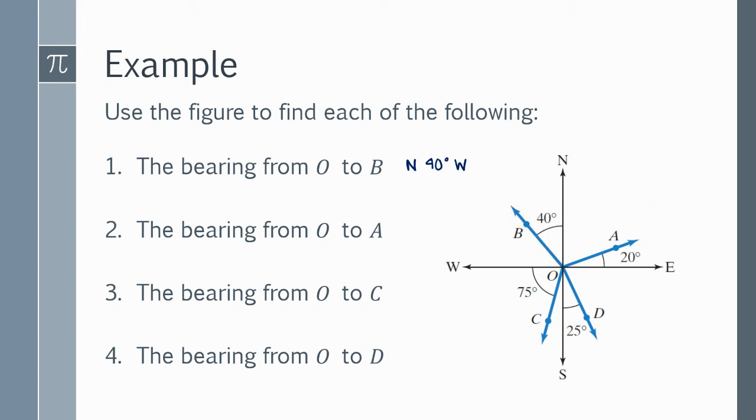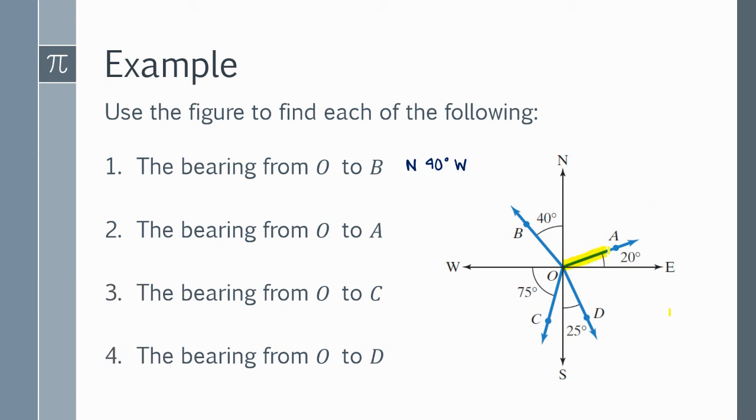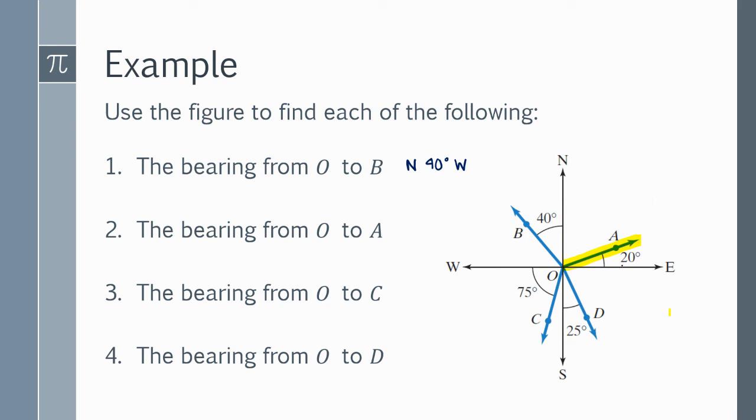In the second problem, I want the bearing from O to A. So we're looking at this ray right here. Notice that the number that they're giving us is 20, but that is being formed with the east-west line. I need to figure out the angle formed with the north-south line. So, like I mentioned previously, because it's in a quadrant, each quadrant's broken up into 90-degree angles.